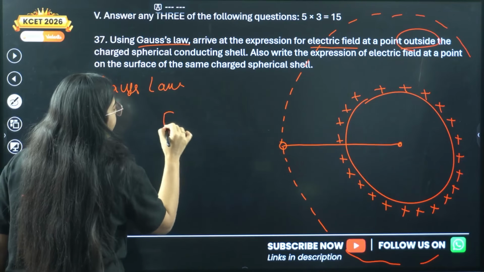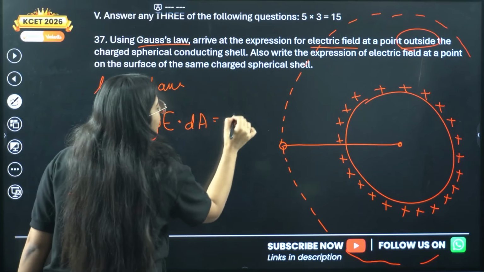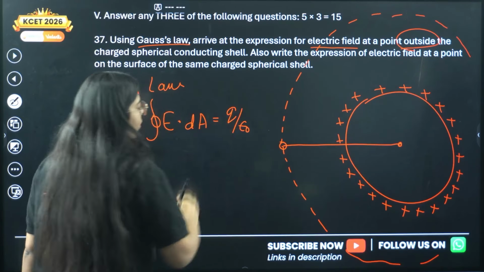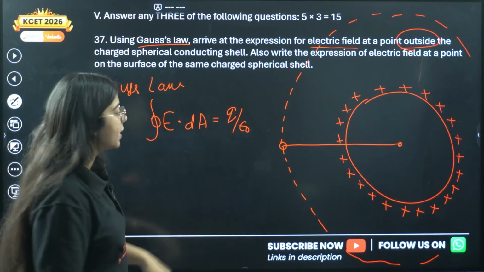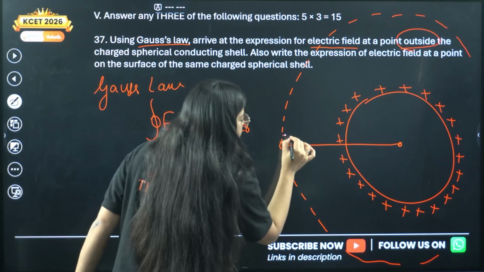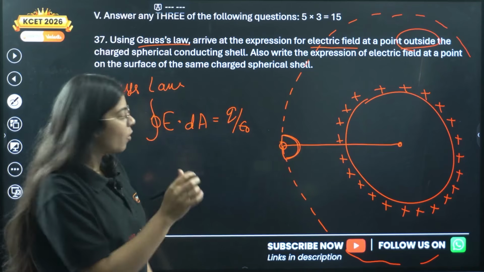the closed surface integral of E dot dA is equal to Q by epsilon naught. Now we need to figure out what E and dA are. I'll take a small area element over this point.